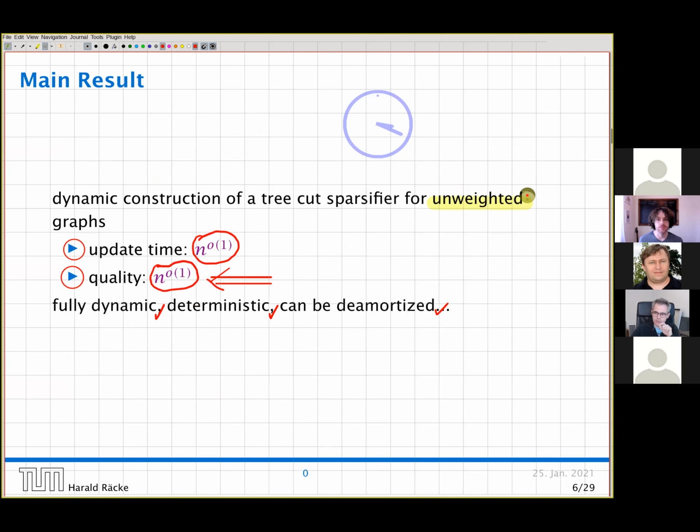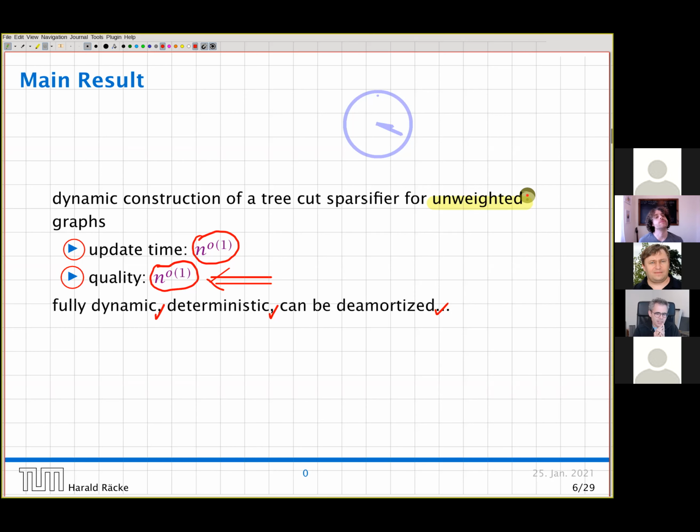The concept of a tree cut sparsifier exists for weighted graphs, of course, and also previous constructions work for weighted graphs. Here, the dynamic constructions are a little bit difficult. At least our techniques don't carry over to weighted graphs.